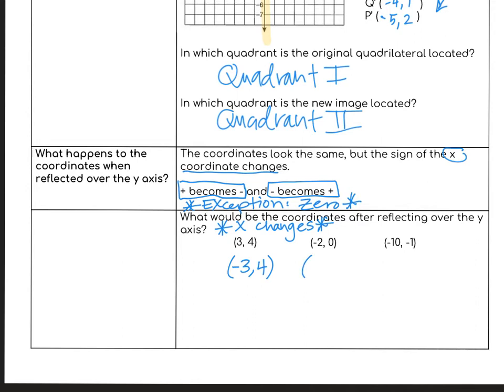For the second one, our x is originally -2, so our reflection is going to be +2, and our y is going to stay the same. And then for this last one, our x value is -10, and so for our reflection, it's going to be +10, and our y stays the same.